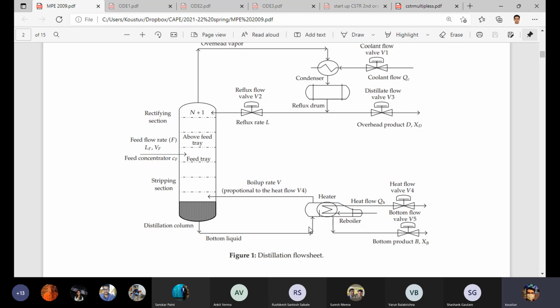That is the source of nonlinearity. Similarly, in a distillation column there is also a nonlinear term, and we have to deal with the equations in the same manner as we discussed for the reactor.